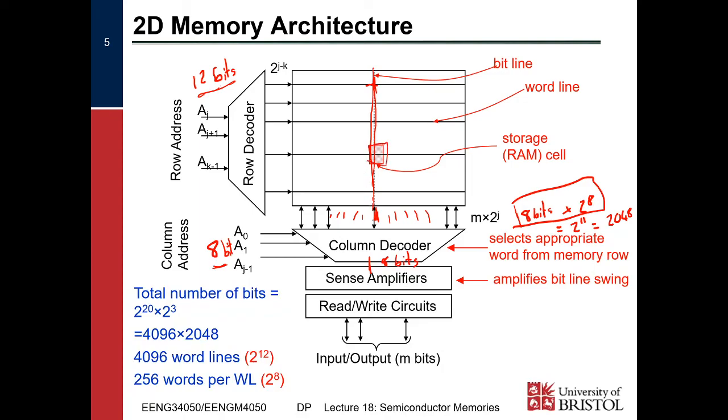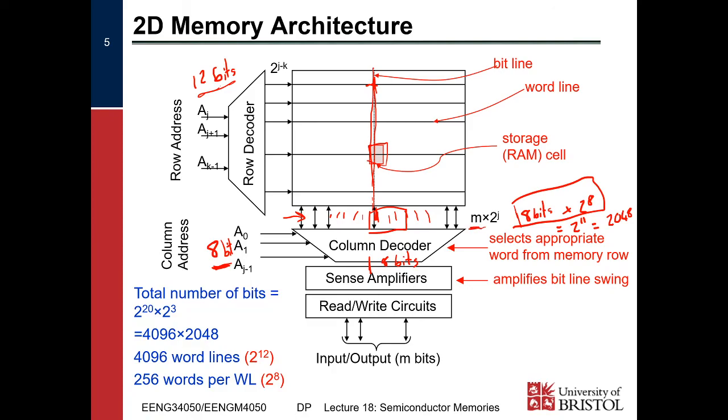So only one of them actually ends up driving that wire, or being driven by that wire. And then the column decoder selects a group of 8 wires to actually be used by the sense amplifiers and the read-write circuits. Okay, so down here we've got however many words are in each row, which is 256 because we've got an 8-bit column decoder.